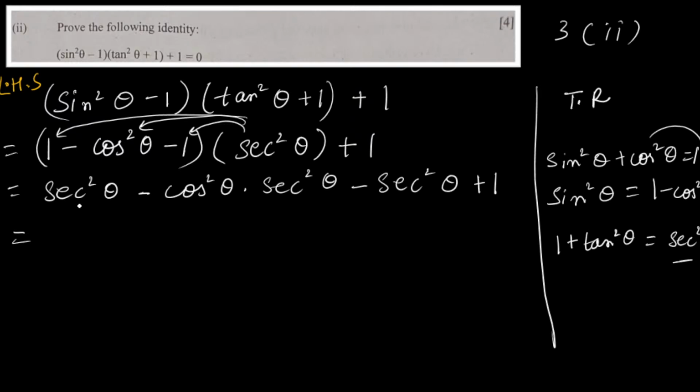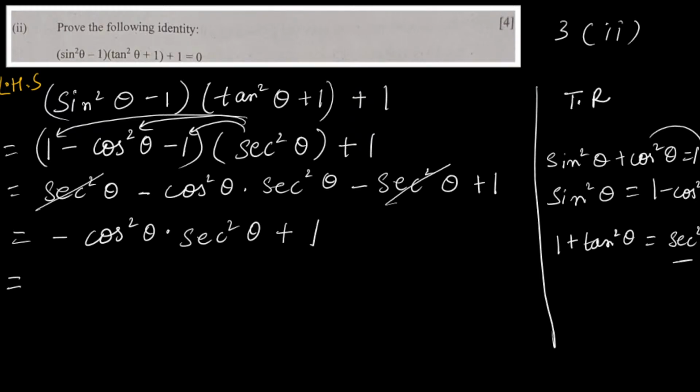Now sec²θ and minus sec²θ get cancelled. So what I am left with is minus cos²θ into sec²θ plus 1.